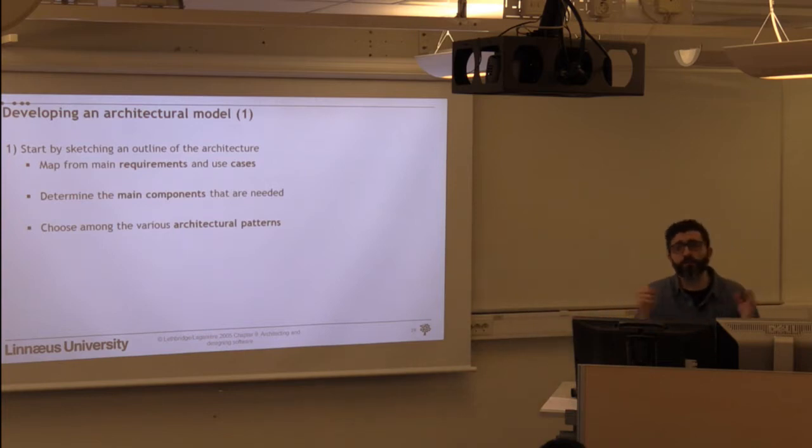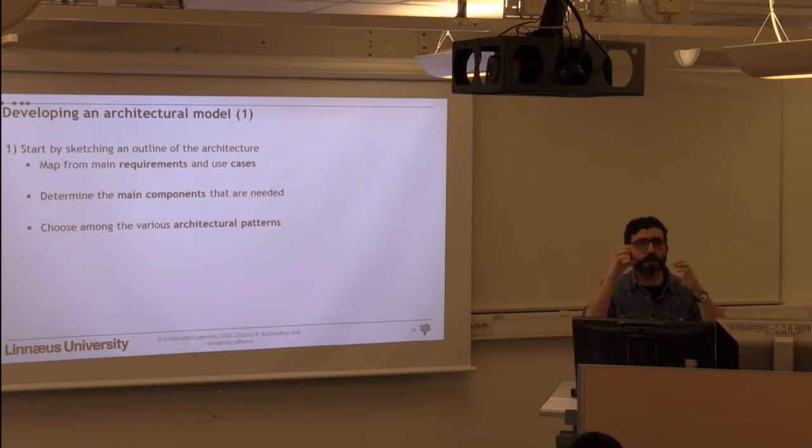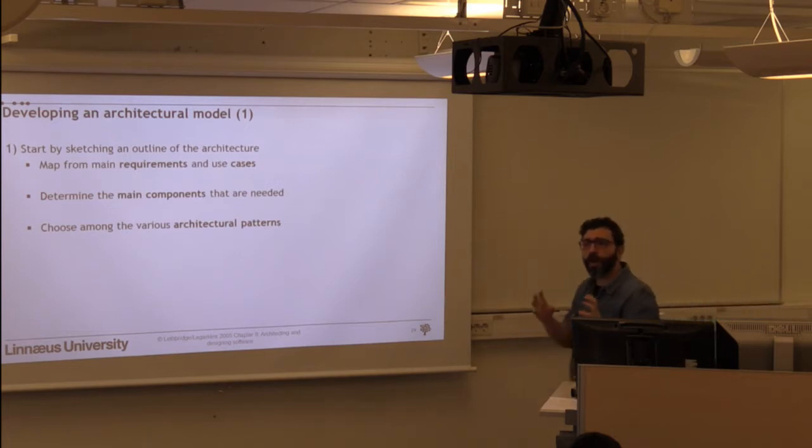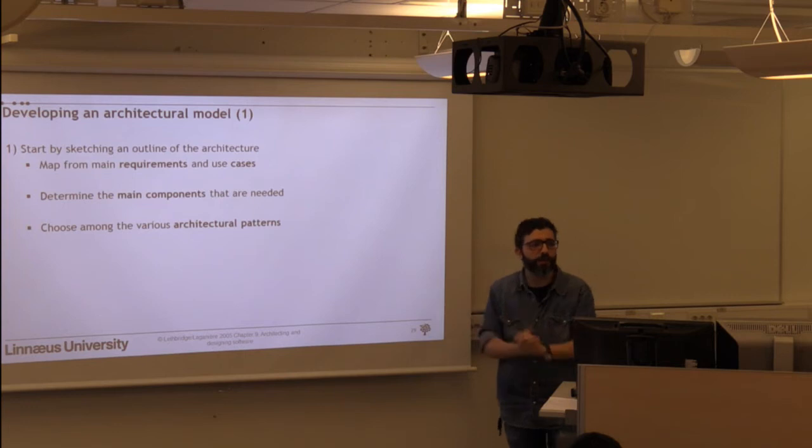Usually when you have the requirements, you have a list of functionalities. Try to group together functionalities that are related to each other, because of the cohesion design principle. And then try to assign these requirements to a given subsystem.